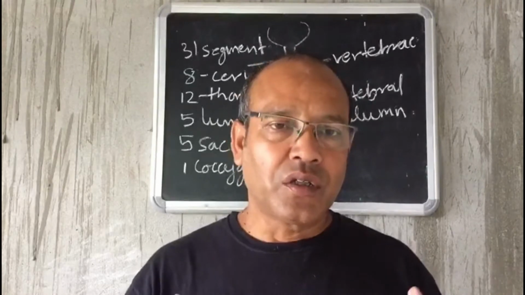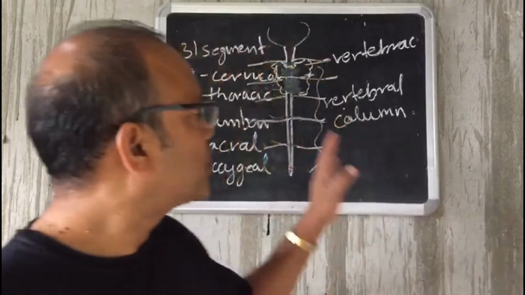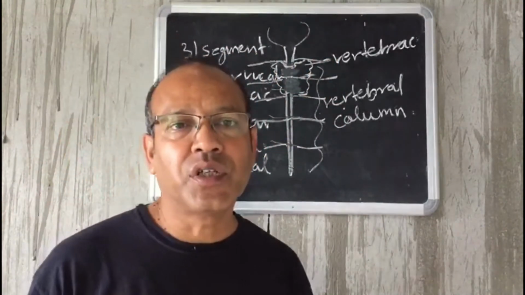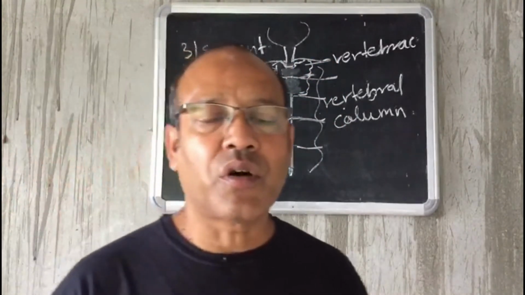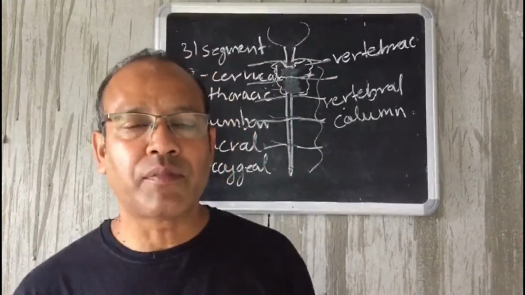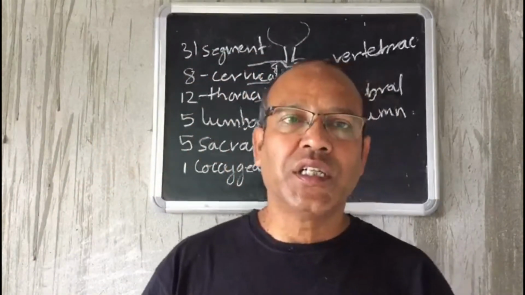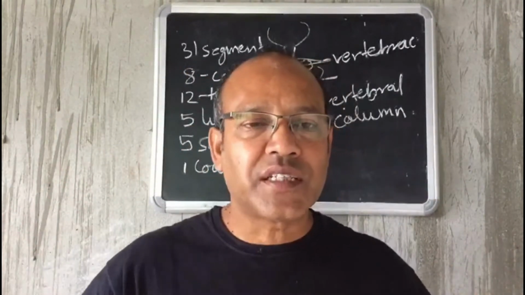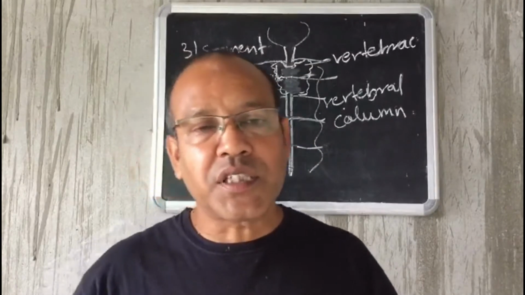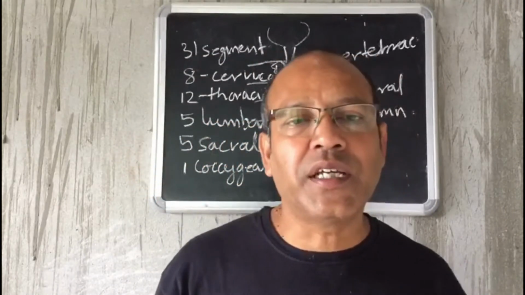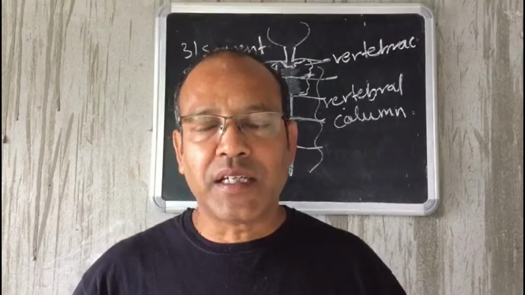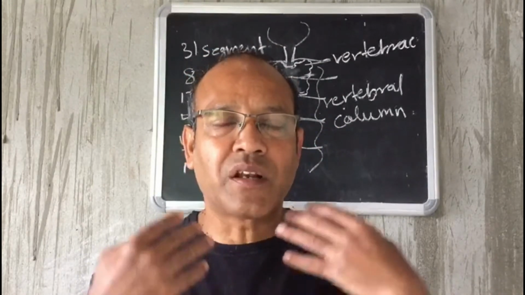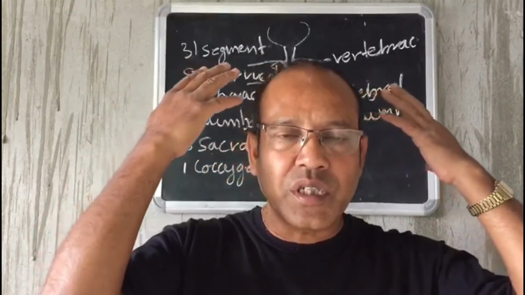Whatever message to the different parts of the body passes through the spinal cord and through these nerves and reaches the different regions, and whatever sensory information is to be carried to the brain is captured by the sensory neurons from the limbs or the organs, and it passes through the spinal cord and goes to the brain.